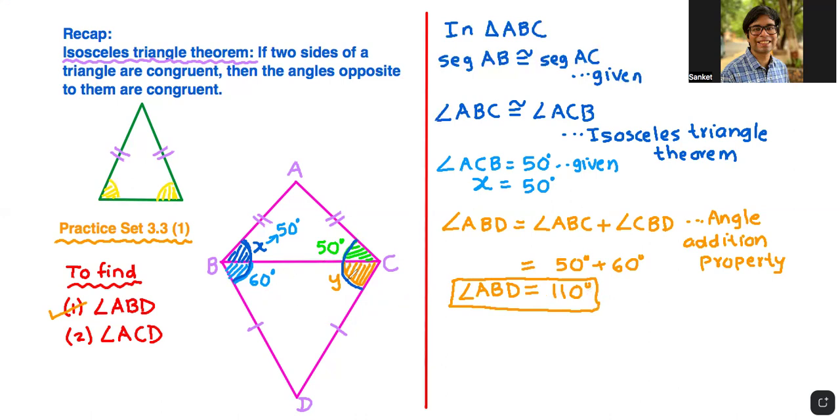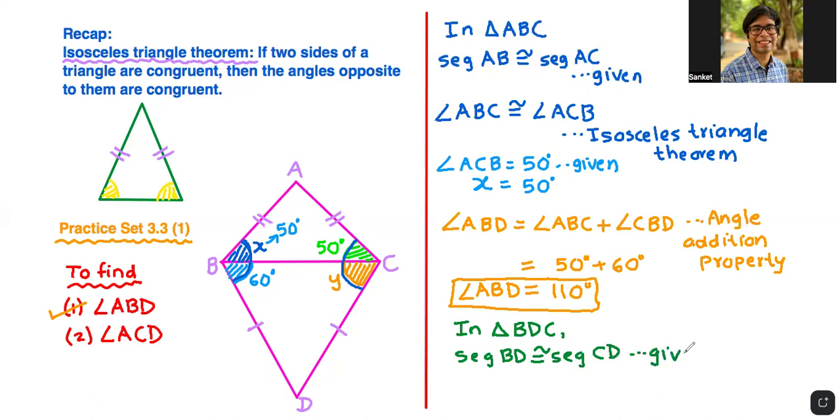Let's go to the second part. I need to find the value of y for me to find this angle ACD. So I look at the other triangle, triangle BDC. In this, seg BD is congruent to seg CD.